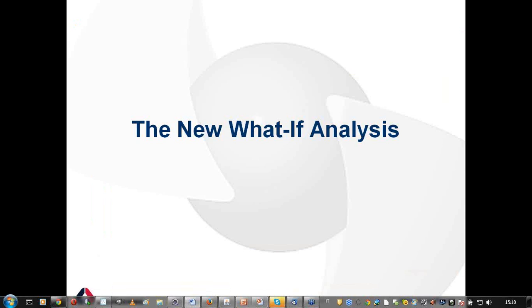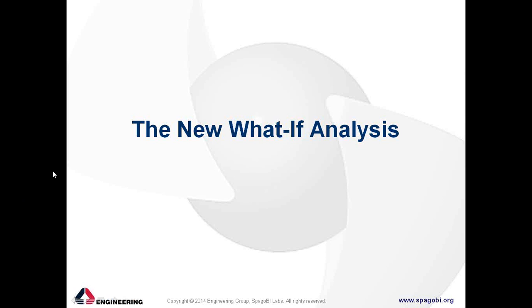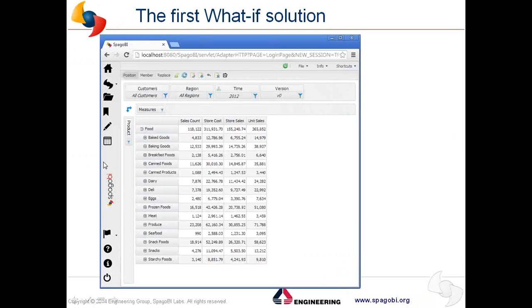Okay, now we have a very small picture of SpagoBI, and we can take a look at the solution for the Whatif analysis. The Whatif analysis engine is an extension of our new OLAP client. The users can explore the cube and change the values, simulating scenarios.